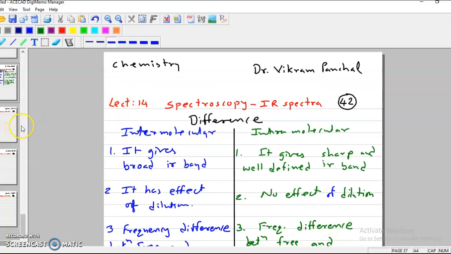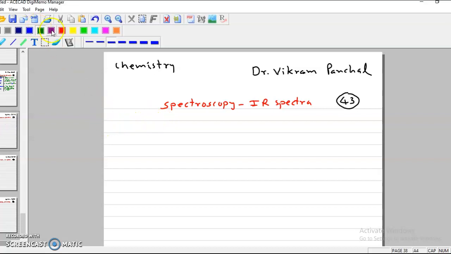Okay. So now we'll go ahead with the next effect, and that is the field effect.